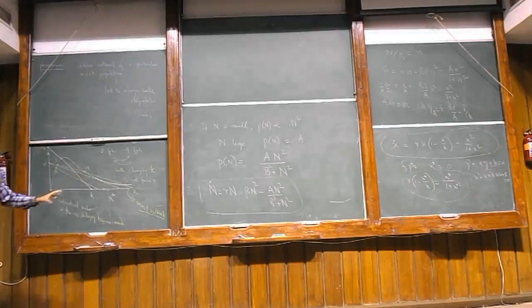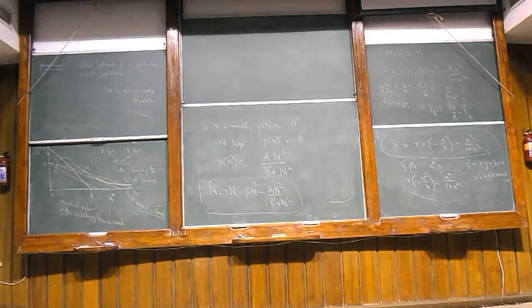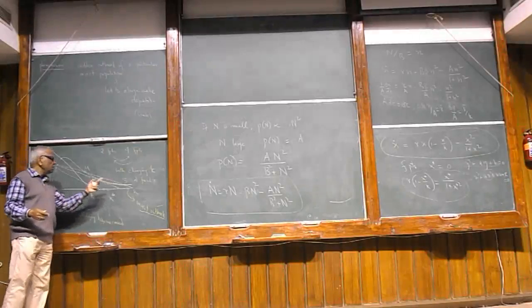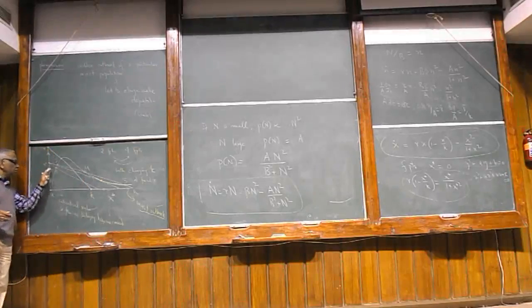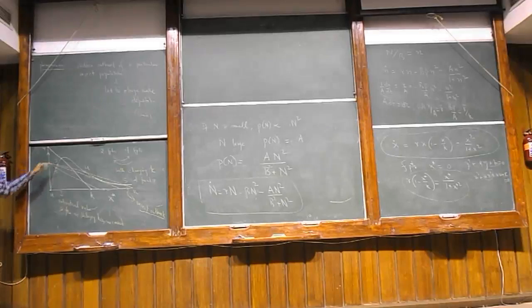So this is basically the story: the kind of model that we have set up can give me a stable fixed point at an unusually large value of the number of insects. Normally the stable fixed point is hovering somewhere over here.